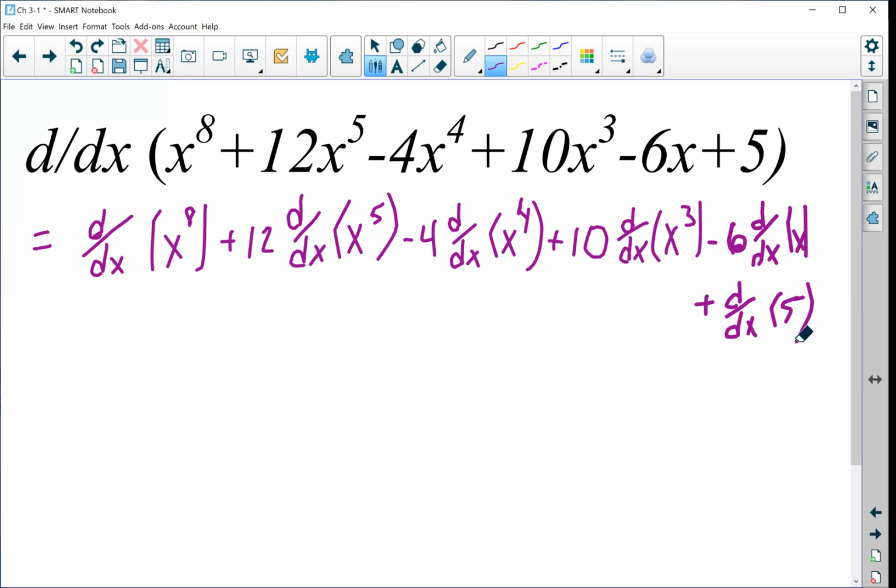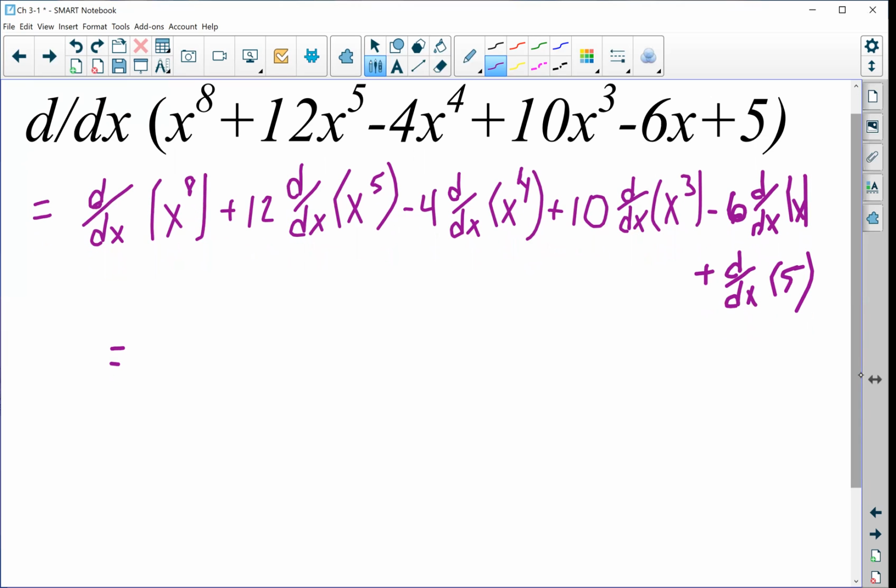Now, how often do I expect you're going to write it out this way? None. Right, but this is technically what we do with this problem. What is the derivative of x to the 8th? There you go. And what if I take 12 times the derivative of x to the 5th? There we go.